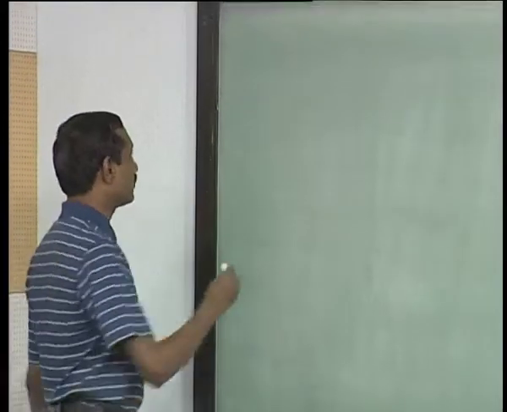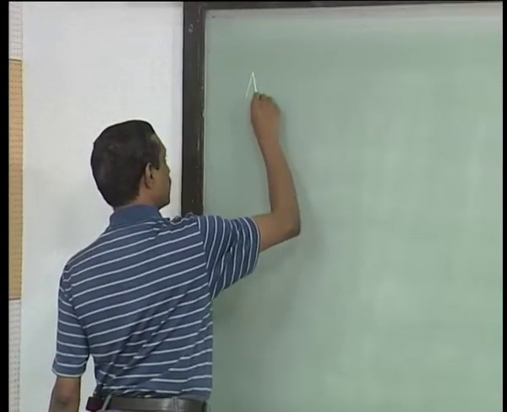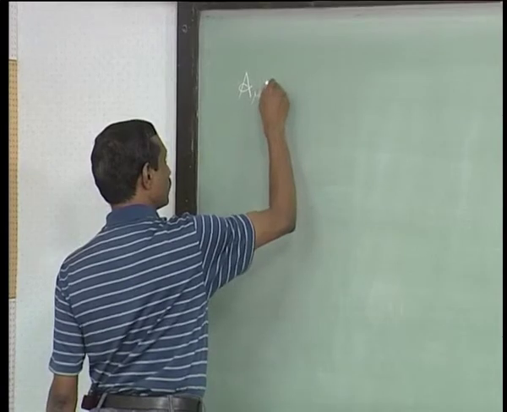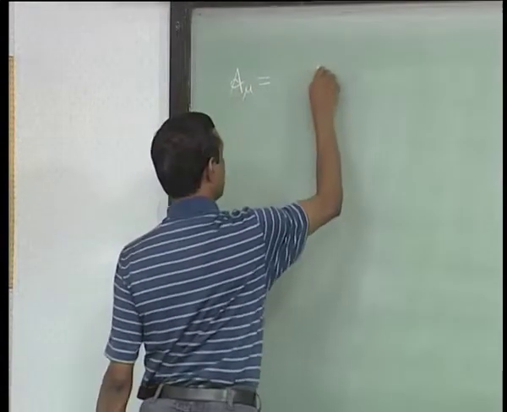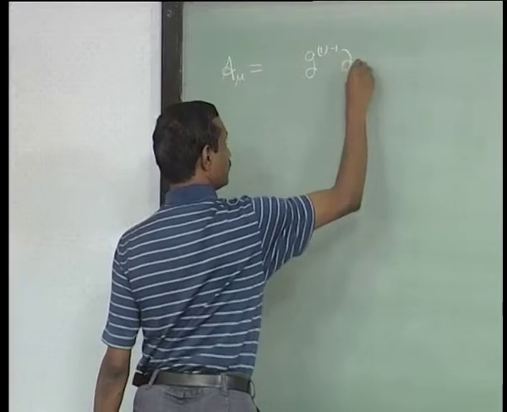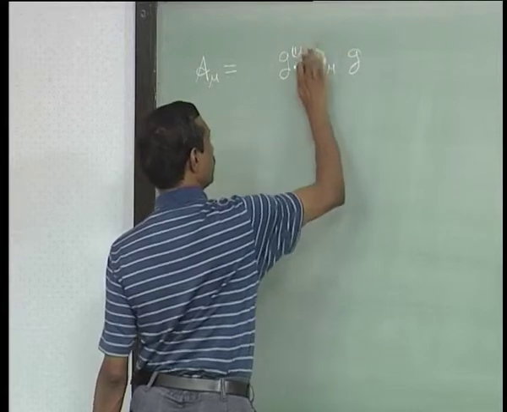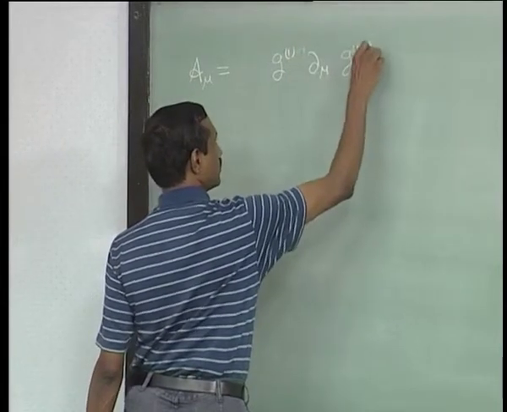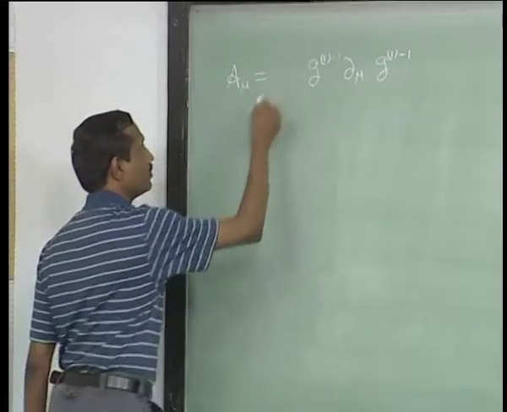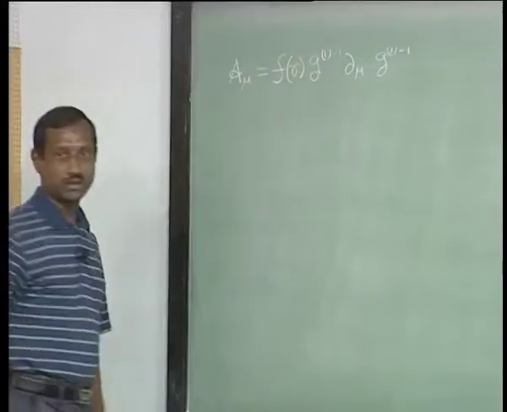Multi-instanton solution. Okay. And so yesterday we saw that we could write an ansatz for this by starting with something like G inverse d mu G, or the other way around, and introducing some function only of the radial coordinate in front of this.